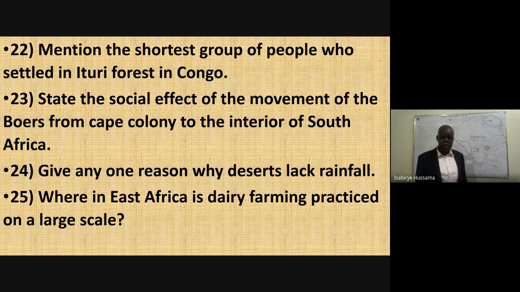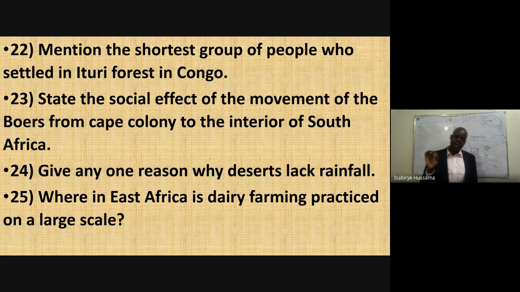If you set a number asking who are the original inhabitants in Uganda or East Africa, we shall still stand on Bushmen. But if it is Africa, the earliest people to live in Africa are the Pygmies. If it is East Africa, we are taking Bushmen.